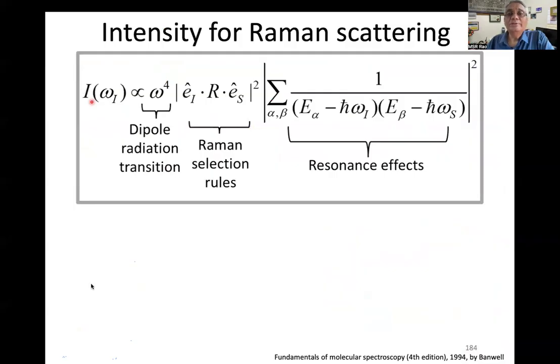Now, talking about the intensity of Raman scattering, the intensity is proportional to omega to the power 4, which is a dipole radiation transition. This term comes from the Raman selection rules, and this term comes from the resonance effects.